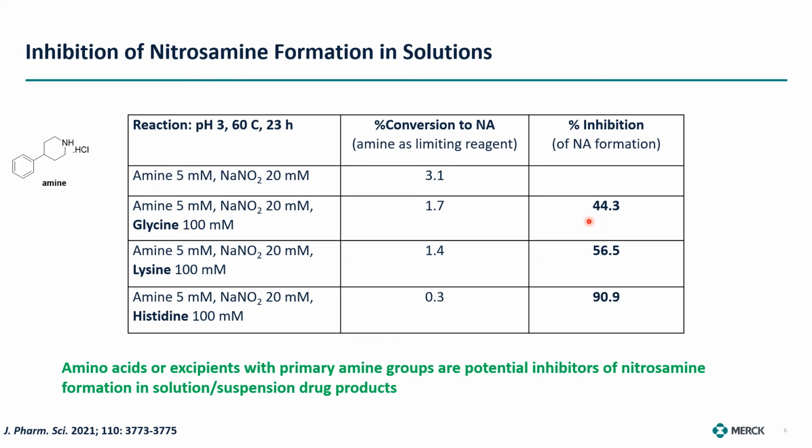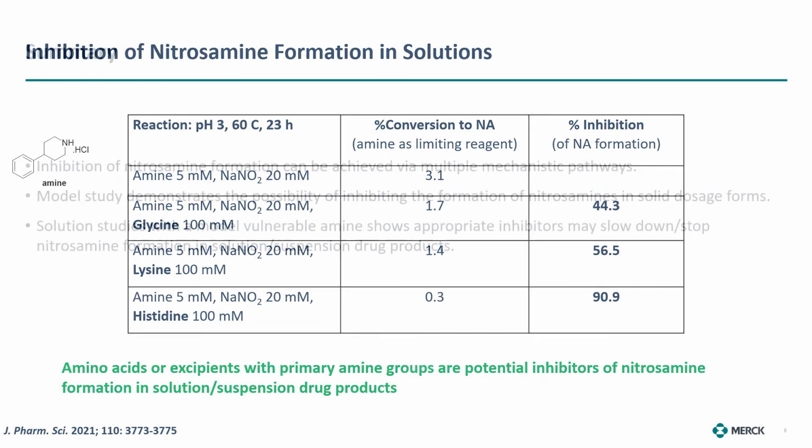Glycine at 44% level, lysine almost 57%, and histidine inhibited nitrosamine formation at greater than 90% level. That means, in theory, we should be able to inhibit nitrosamine formation in solution or in suspension drug products too, if we use the proper inhibitor to do the job.